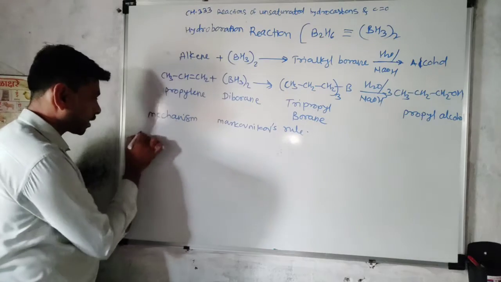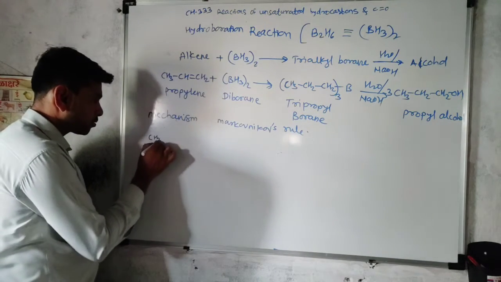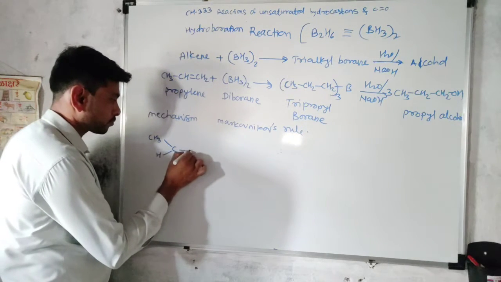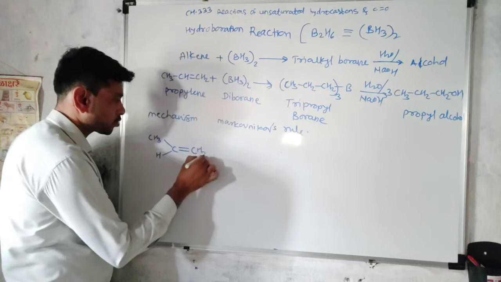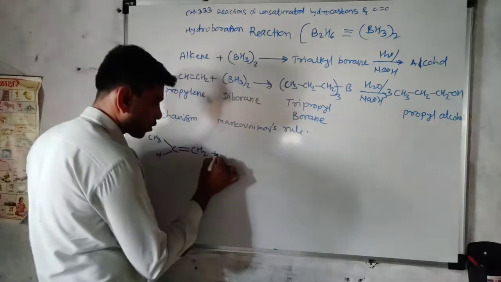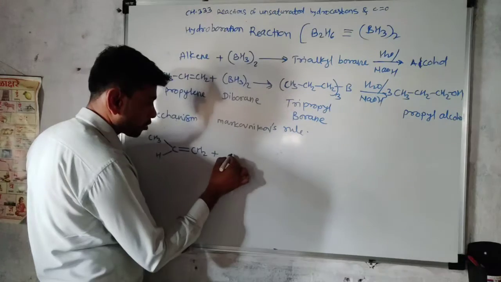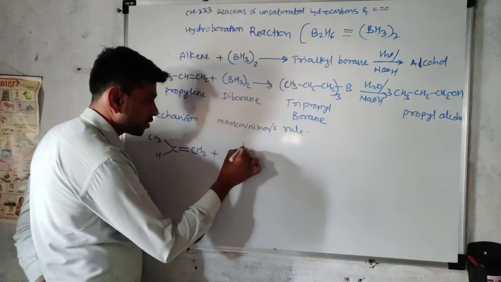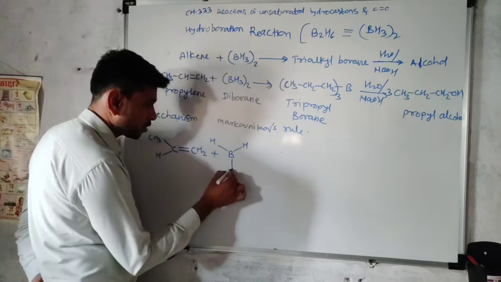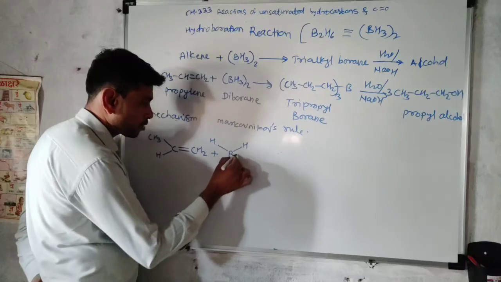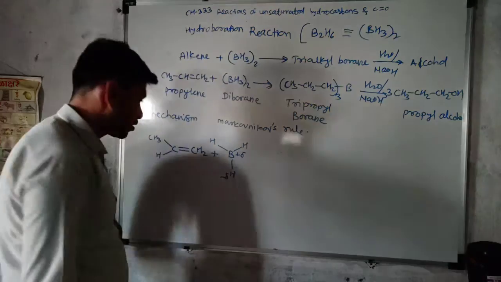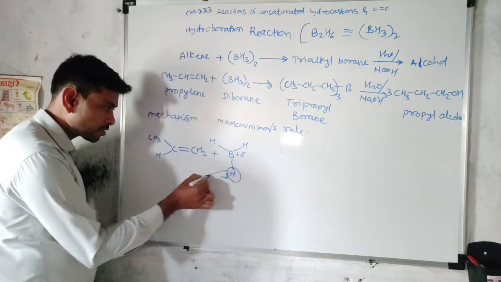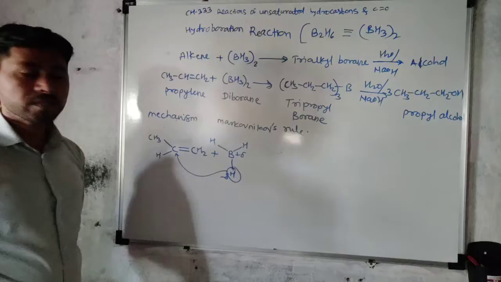If you observe the mechanism, take CH3CH=CH2. Diborane is B2H6, and one borane unit contains 3 hydrogens. This is the negative part and this is the positive part of the reagent. So the negative part attaches to that carbon atom which has fewer hydrogens.